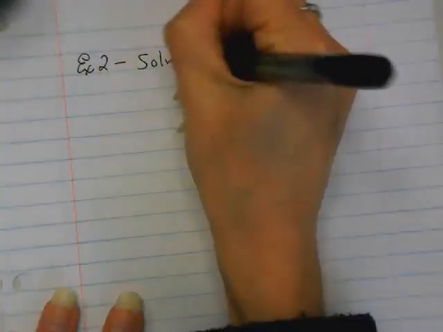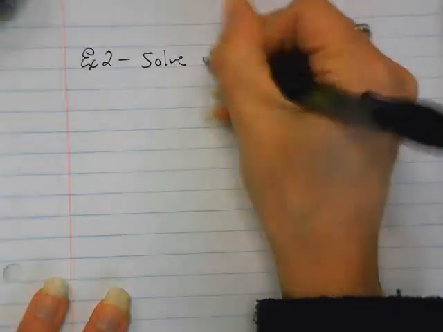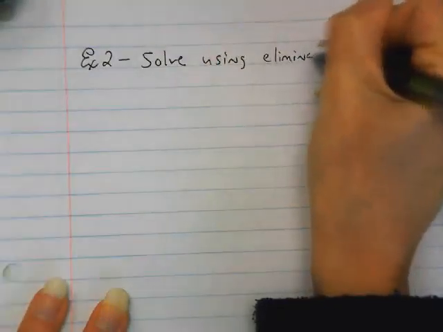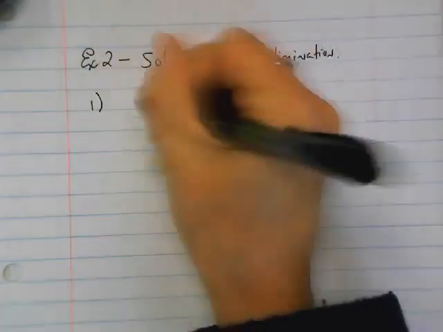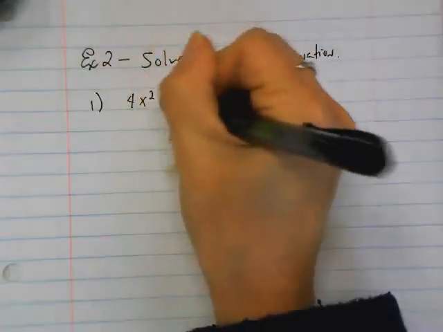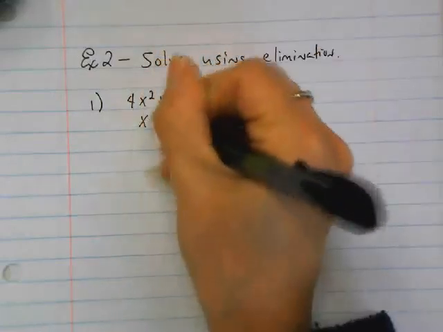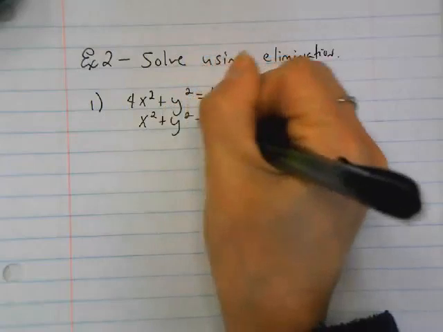Alright, so example 2, solve using elimination. I have 4x squared plus y squared equals 13, and x squared plus y squared equals 10.